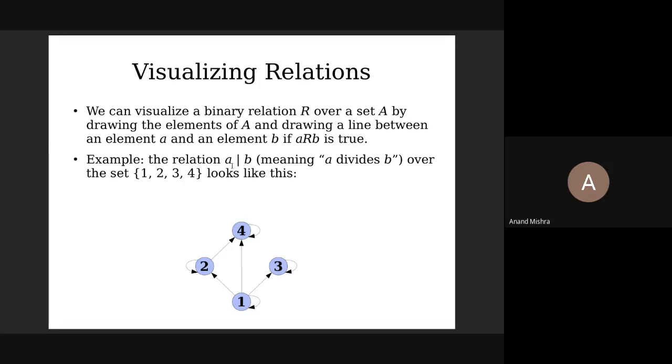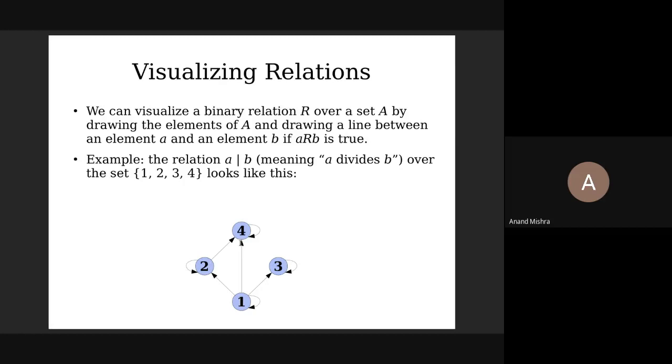Take the relation A divides B over this set. It looks like this. Whenever A divides B, there will be an arrow from A to B. This order is very important: the arrow goes from A to B, not B to A. For example, 1 divides everything.